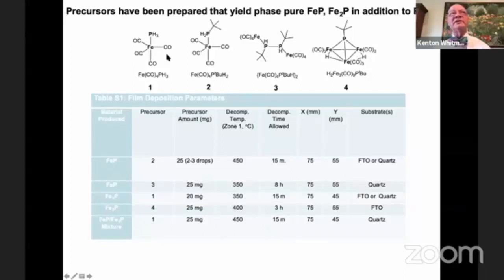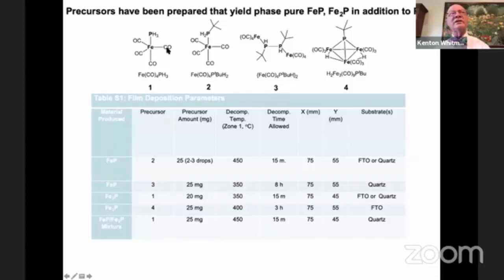Unfortunately, when you decompose this material, we initially got a mixture of both FeP and Fe2P. We ultimately found out that part of the reason for that is that this phosphine is not attached very strongly to the iron. And so when you are heating, you get some loss of the phosphine.